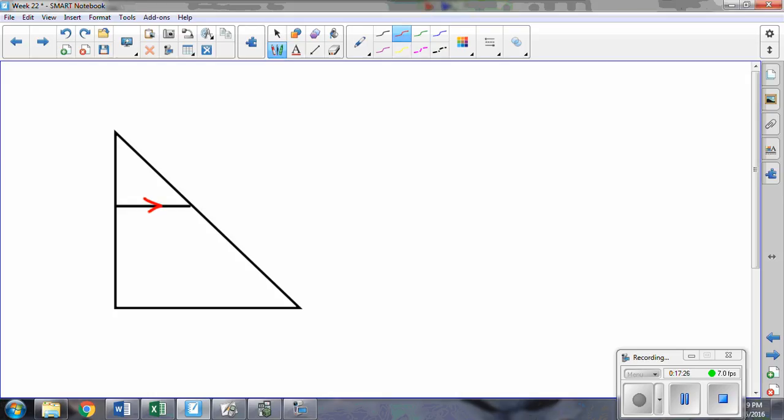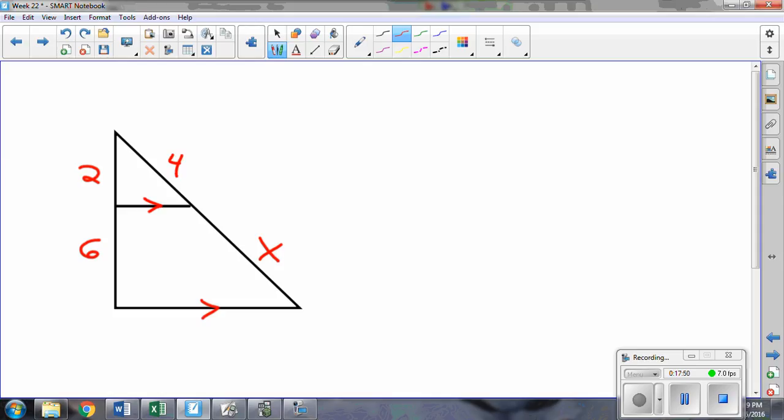But let's say we know that these things are parallel, so we get this picture. Let's say what this thing does for us, this is a type of problem that we've already been able to solve.